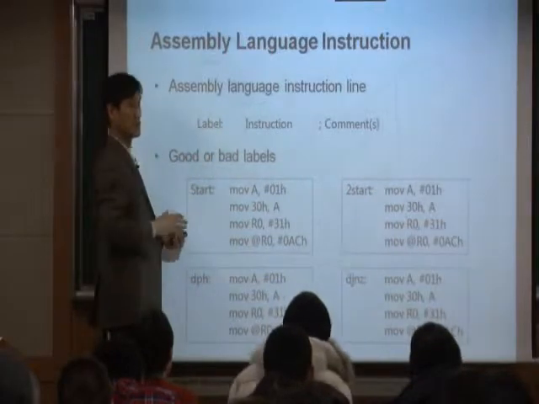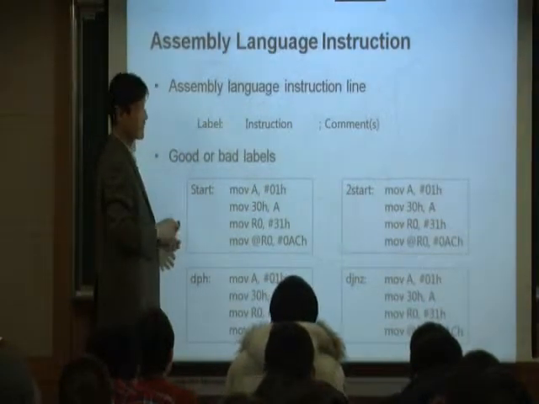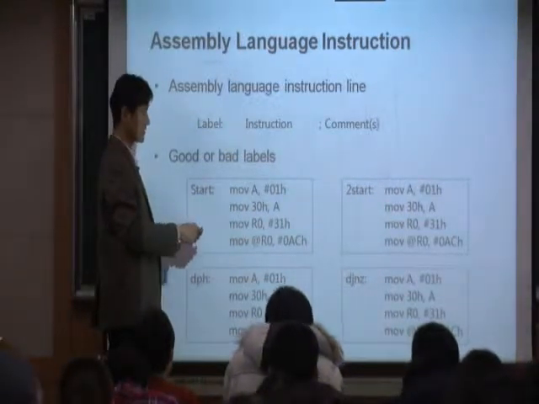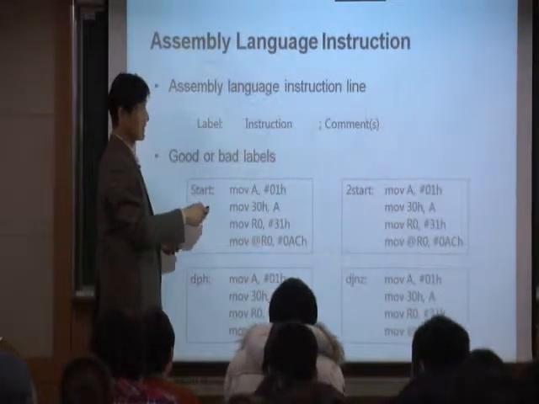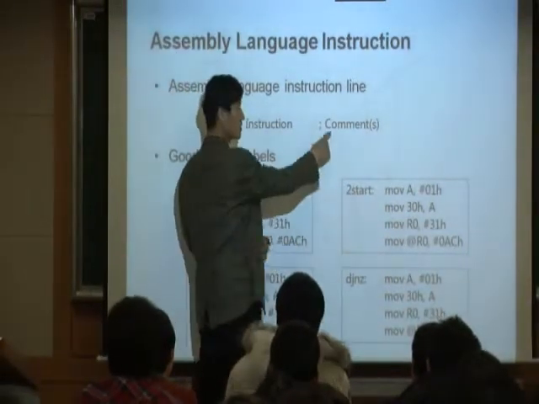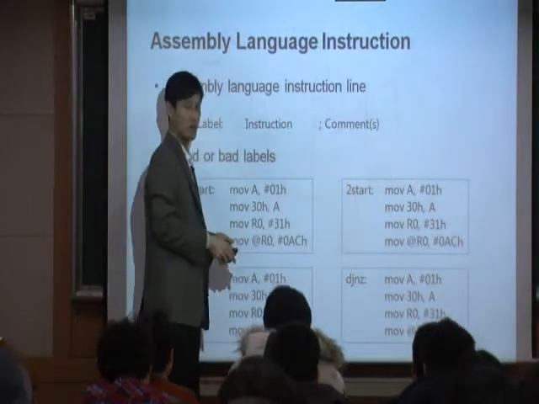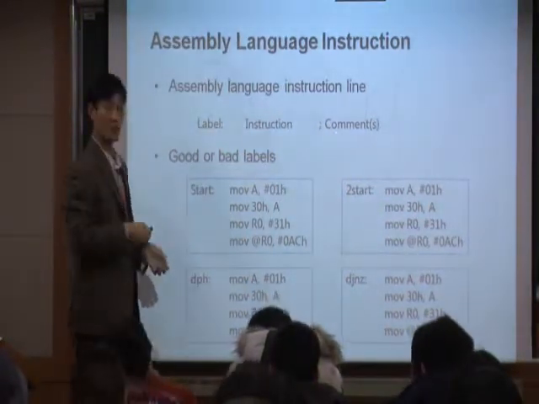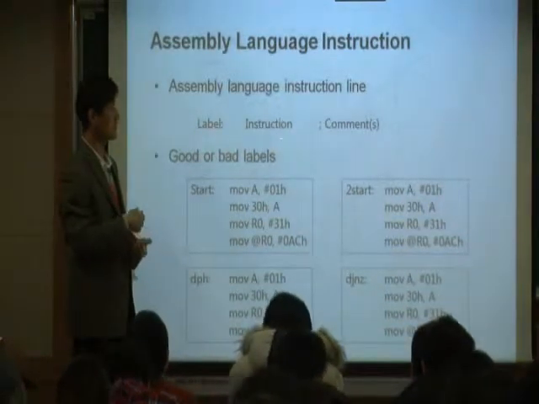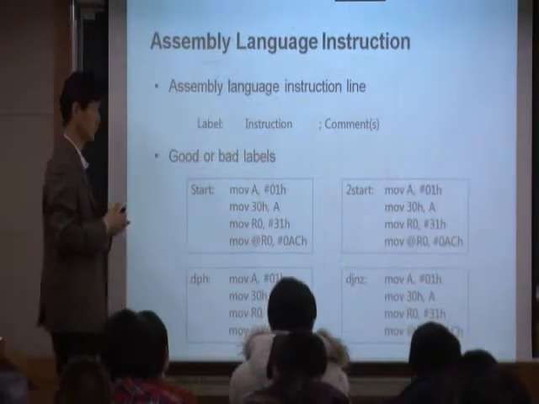First, you're going to have a label, colon, and you have an instruction, something like this. And if you want, you can put a comment, but the comment should be preceded by the semicolon. You put the semicolon, then you can put comments. So this is the syntax. This is how to use the assembly code.